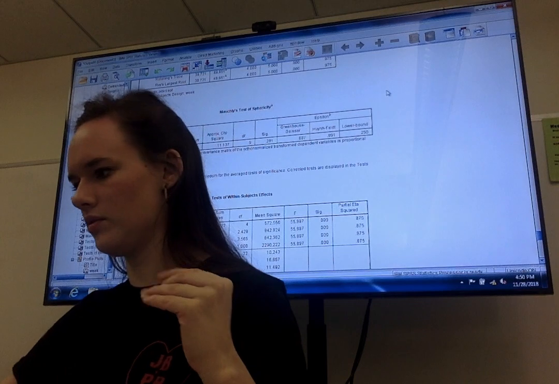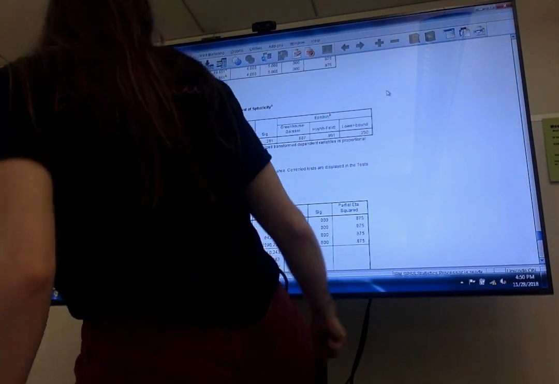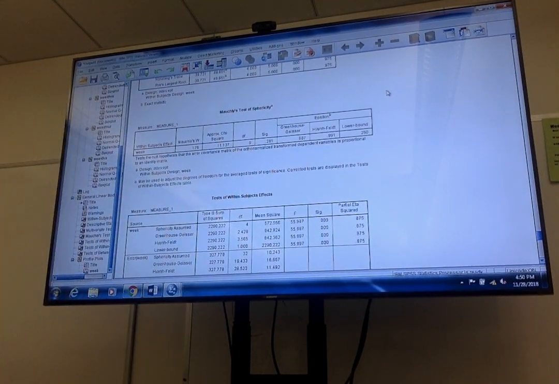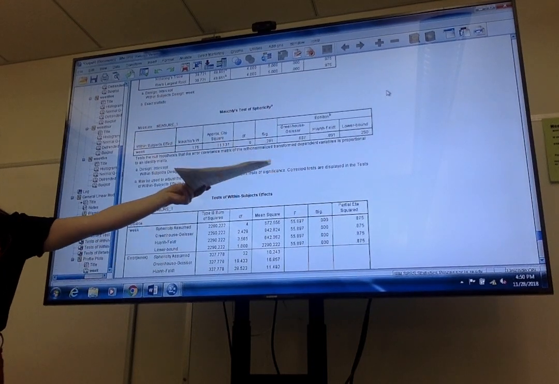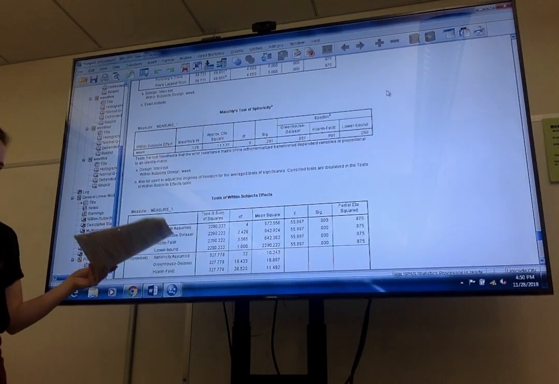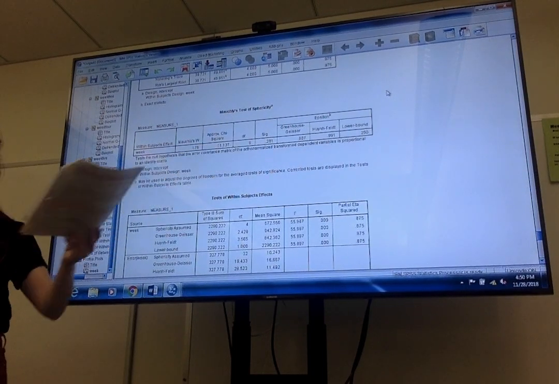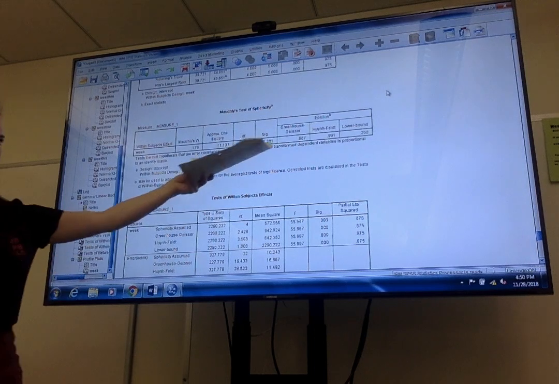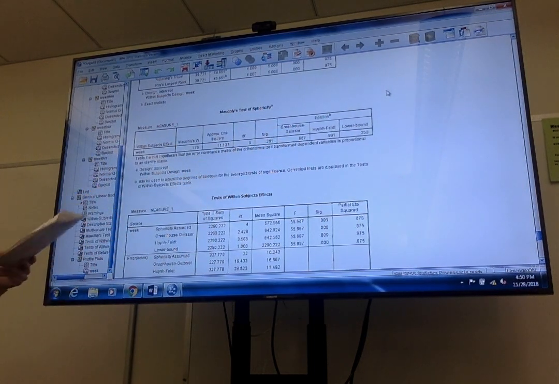Okay, so sorry, I was just making sure that I was doing this right. But yeah, it's the same as all the other assumptions, where we want it to be non-significant so we can use sphericity assumed. But let's say that this is significant. This is where the decision tree comes in. Then we're going to look at the Greenhouse-Geisser epsilon.